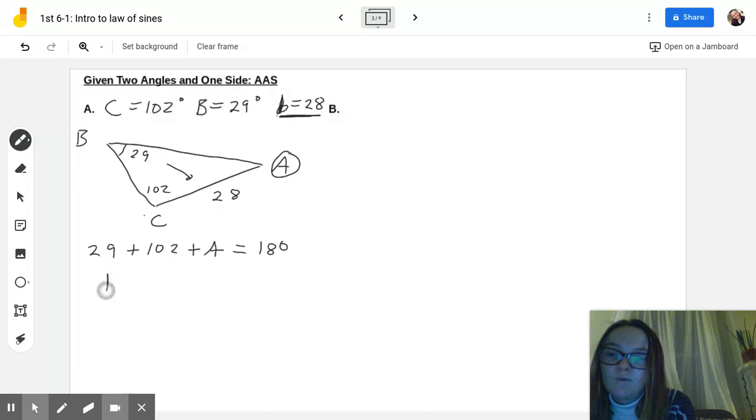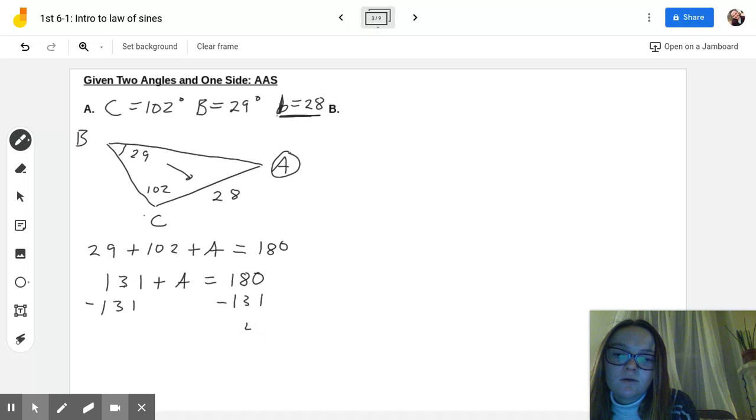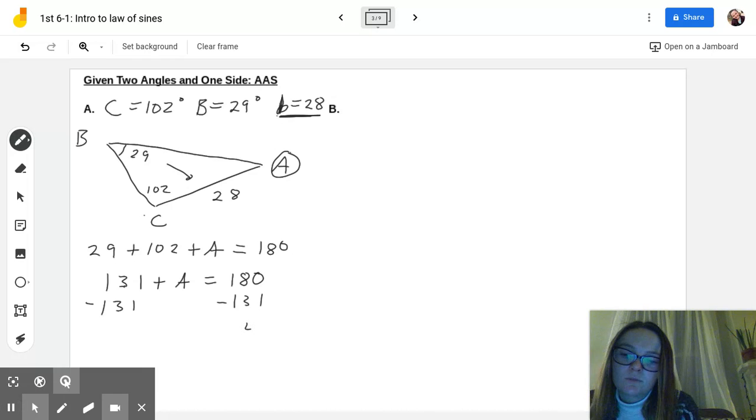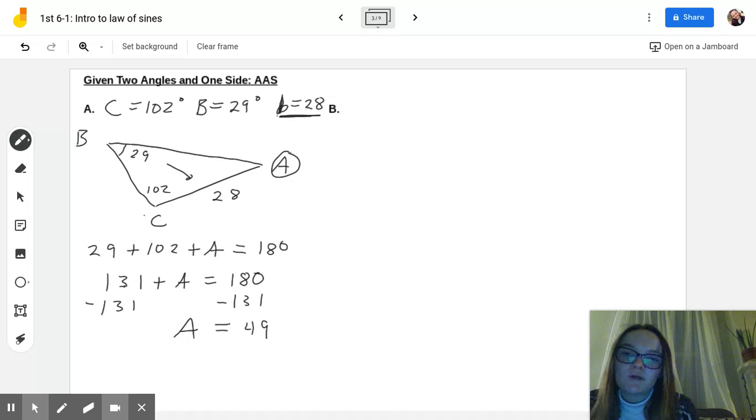So 131 plus A is equal to 180 degrees, and we subtract 131. We're going to get 49. So angle A is going to equal 49 degrees.